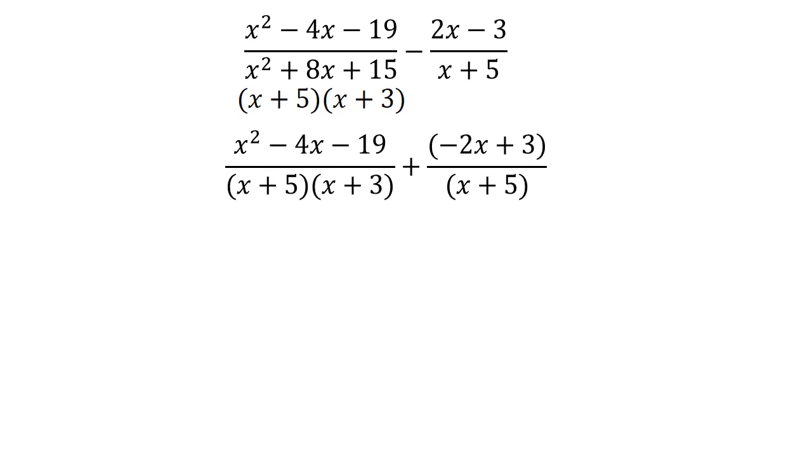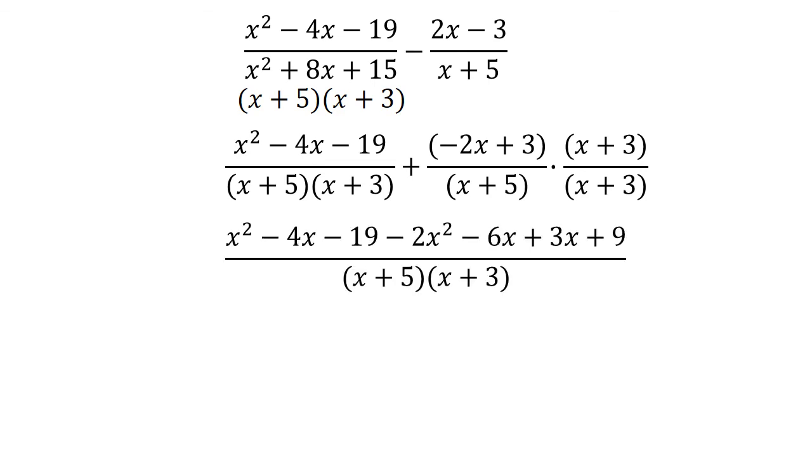And now what I'm going to do is multiply that second fraction by what the denominator is missing, x plus 3 on the top and bottom. Notice I don't have to multiply the first fraction by anything. It already has both of those factors in it. So it's ready to go. I just have to multiply the second one. So I want to multiply these and I'm going to add the tops. So I'm going to do that in one step and just put this all over one fraction now that I got the denominators to match, and I'm going to distribute out that second numerator.